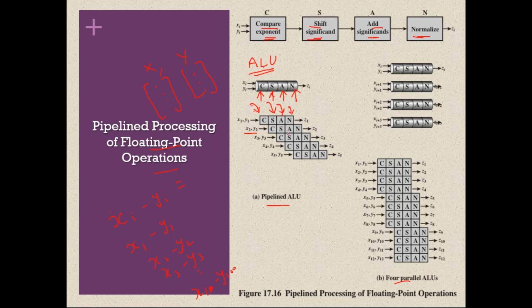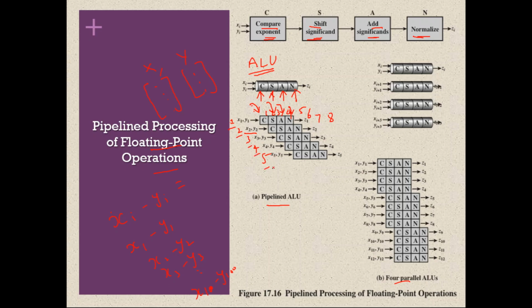Now if you see, 5 operations are done in how many clock cycles? This is 1, 2, 3, 4, 5, 6, 7, 8 clock cycles. Within 8 clock cycles you are able to complete 5 instructions.